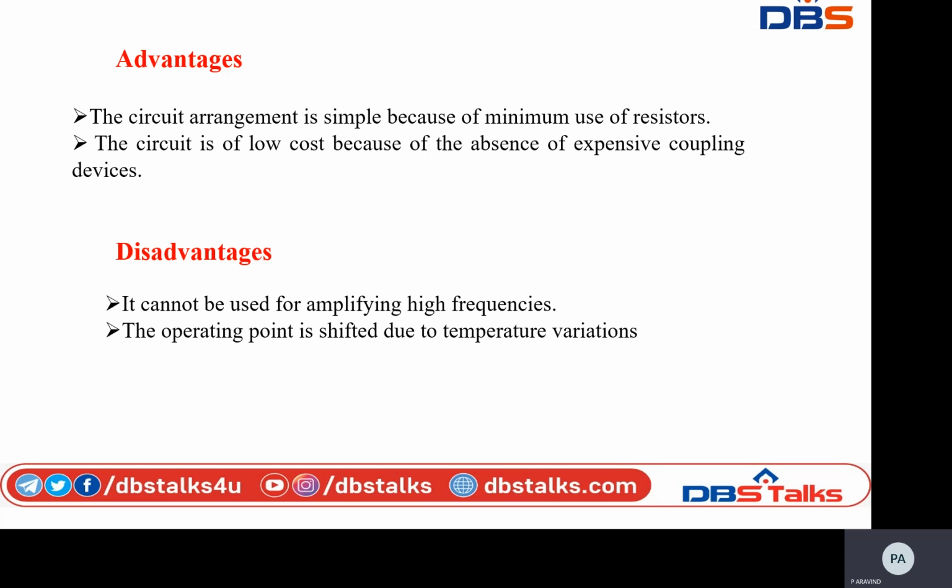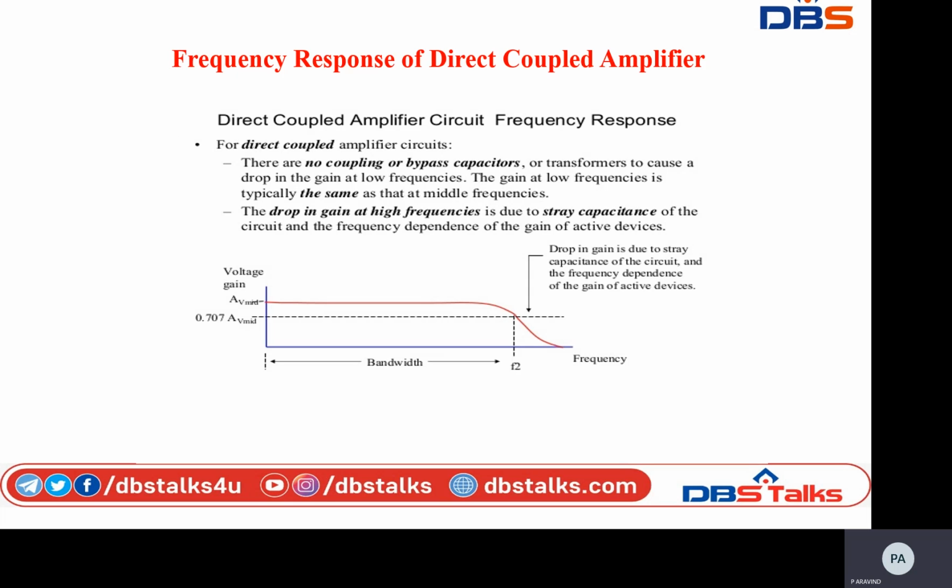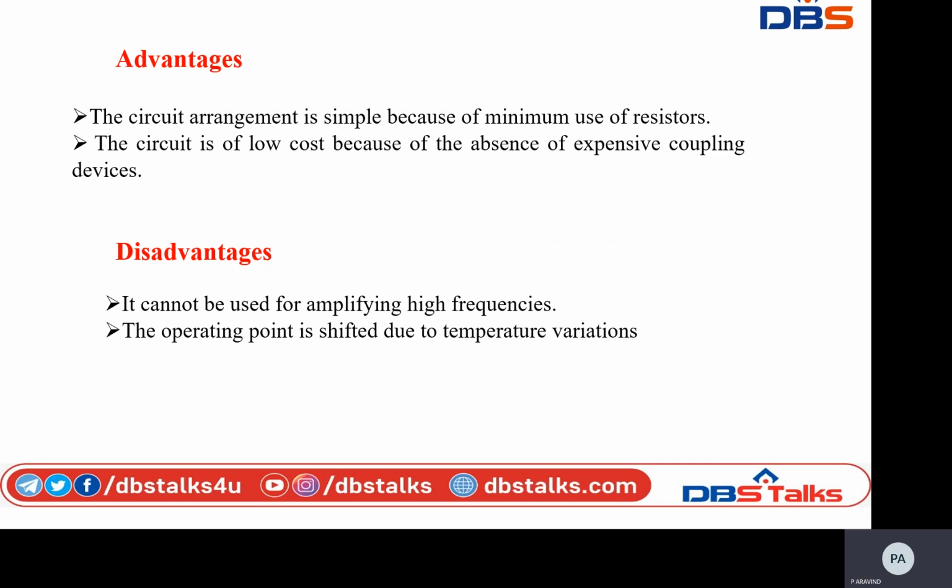Coming to disadvantages, it cannot be used for amplifying high frequencies. Just before, we saw that there is no drop in gain at low frequencies, but at high frequencies there is a drop in gain due to stray capacitance. So that is one of the drawbacks of the direct coupled amplifier.